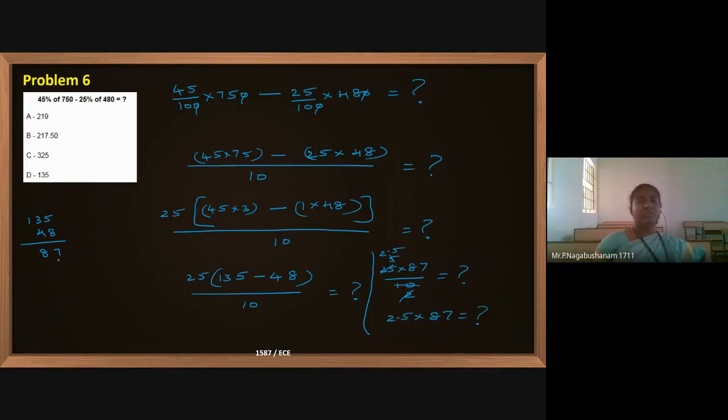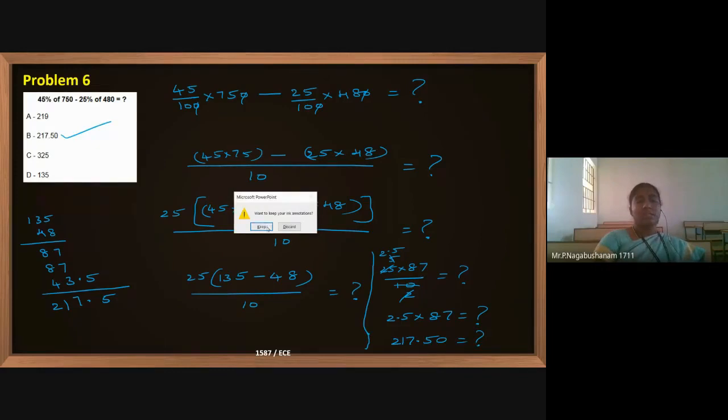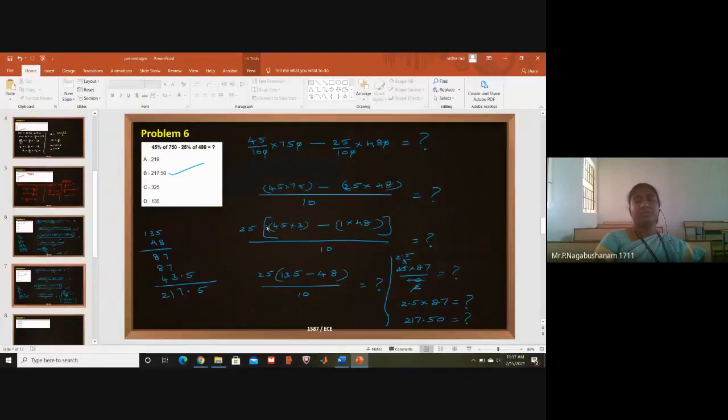Half of 87 is 43.5, so 217.50 is this question mark value. Okay, so there is nothing difficult in this. The only thing is we have to slowly simplify without any confusion.